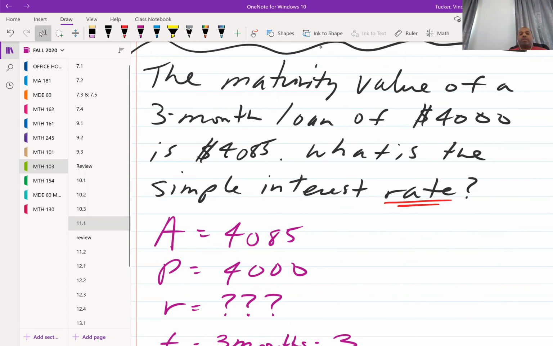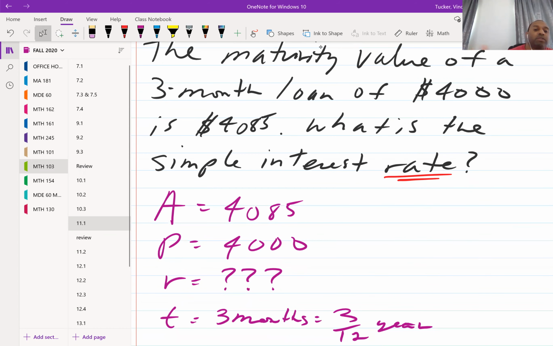All right, here we have the maturity value of a 3-month loan of $4,000 is $4,085. What is the simple interest rate? So this time they give us the future value, they give us the principal, they give us the time, but they do not give us the rate. They want us to find out the rate. So in the purple is what we had. That's our given information.